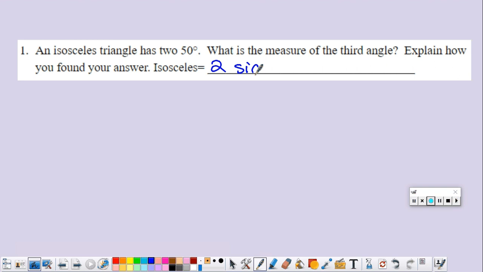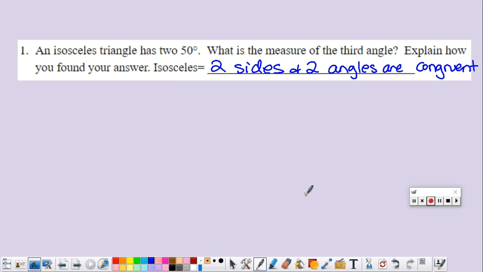What else are the same? And two angles. So, two sides and two angles are the same. And what's another word for the same? Yes, equal or congruent. Very good.